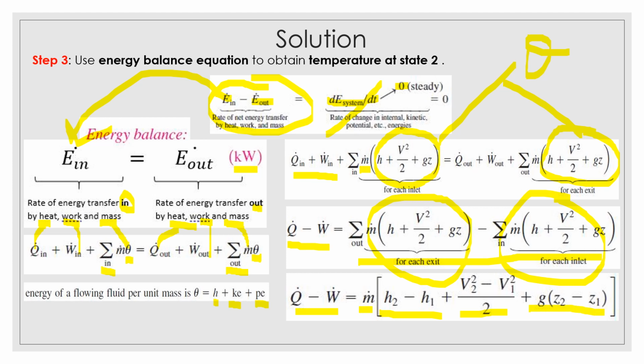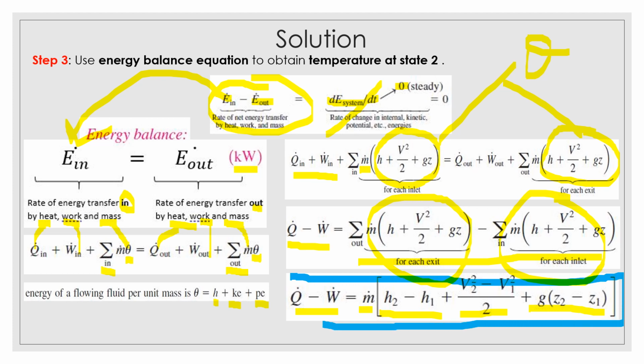So by having this equation, you need to remember this governing equation related to the open system. It can be applied to other applications, not only for the nozzle, but also for the diffuser, compressor, or turbine. But you also need to consider the question given. For example, if the question does not give us any information related to the work, it means that we can cancel out work.